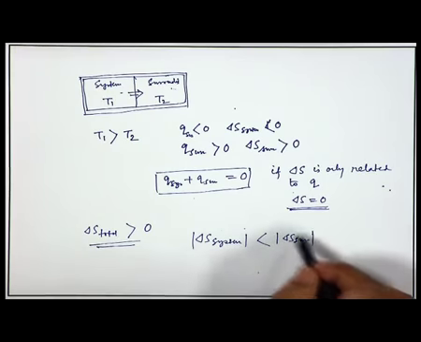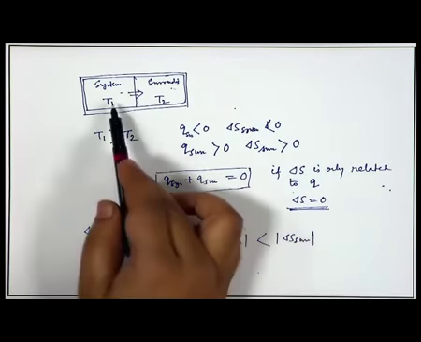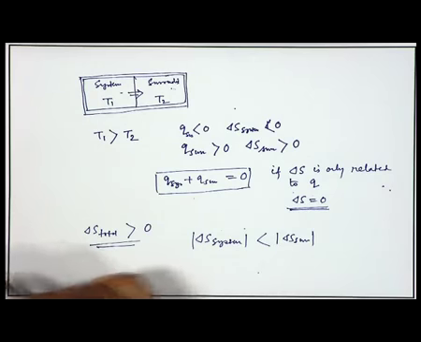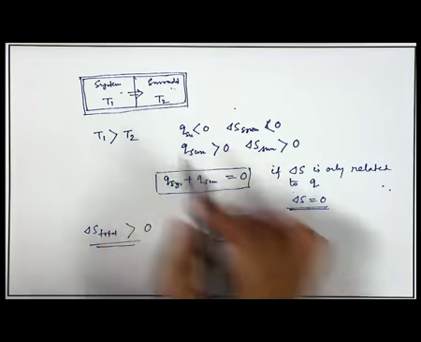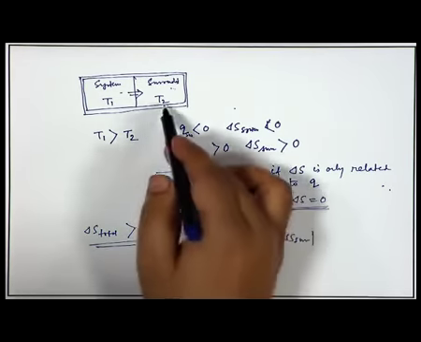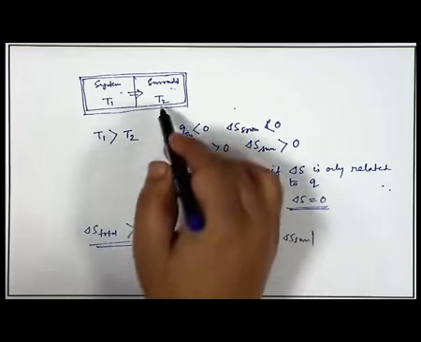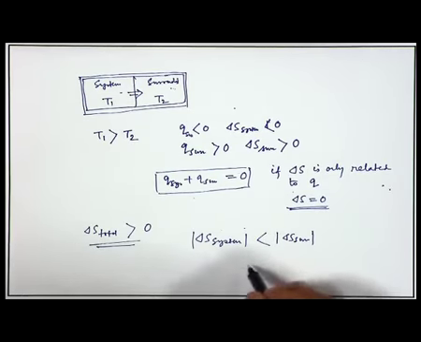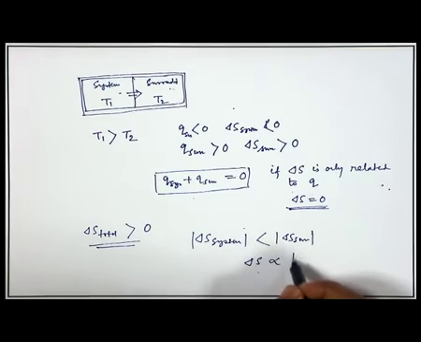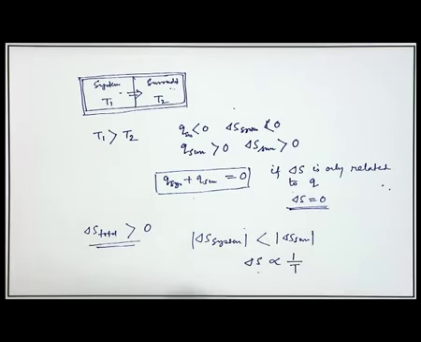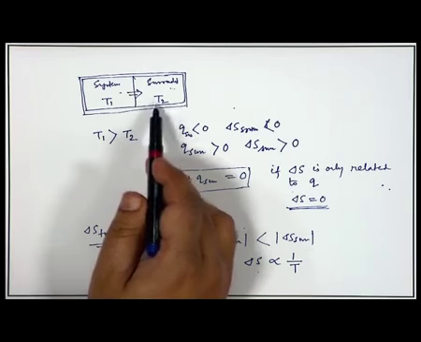Now, what is the difference here? The temperature is different. If we think that delta S is inversely proportional to temperature, then obviously the surroundings was at lower temperature to begin with.